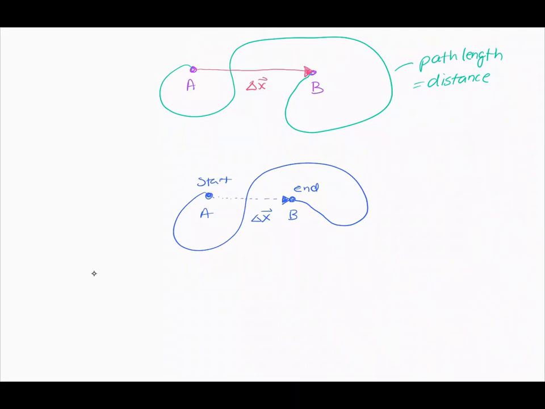And as long as we are in one dimension, then our displacement delta x is going to be our ending position minus our starting position. So I'd have to know what those positions are within my coordinate system. But x2 would be my ending position. And x1 would be my starting position.